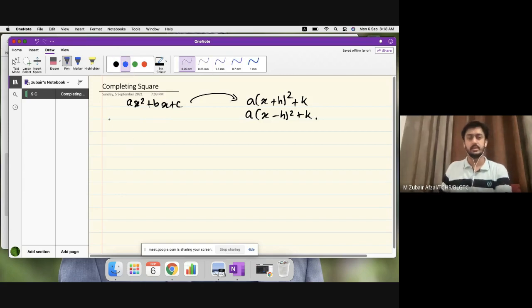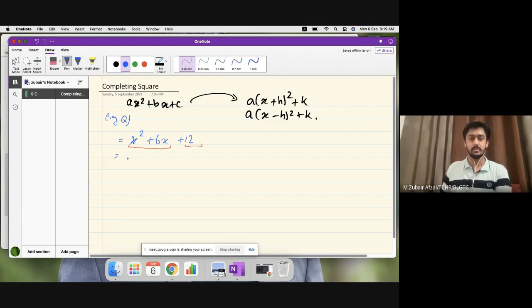Okay, example question. We have x square plus 6x plus 12. What we have to do is we will write these two and this last digit and leave a space between them.